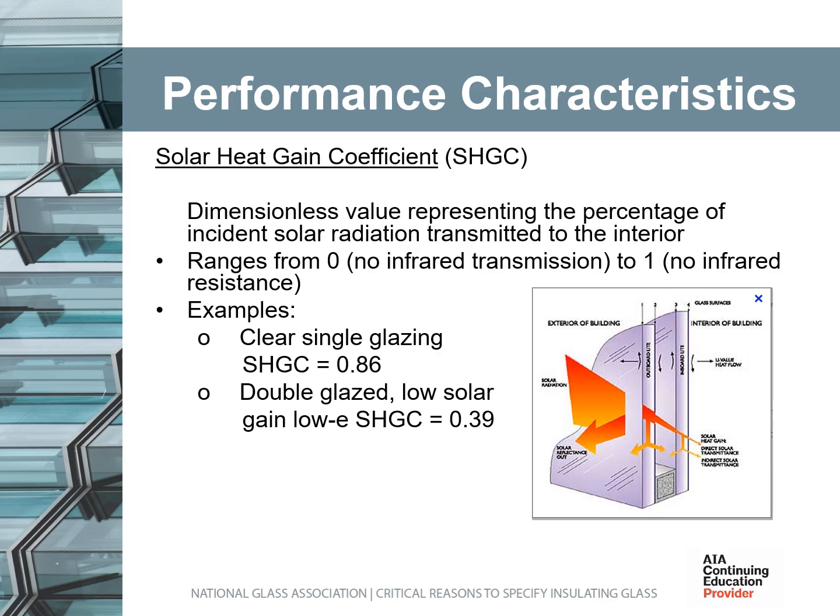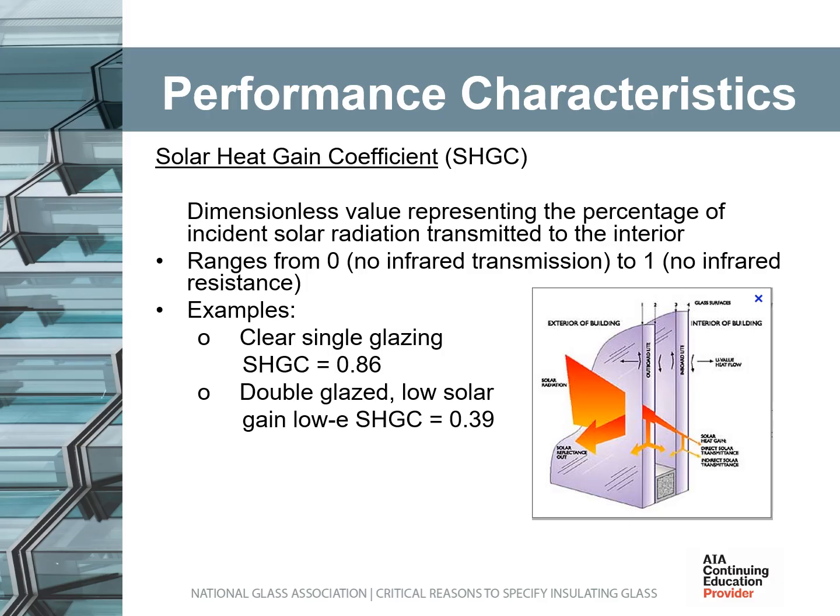Some examples would be a double-glazed IG with low E coatings blocking a lot of the infrared transmission having an SHGC of 0.39, while a clear single light of glass has around a 0.86 SHGC. In some climates, a higher SHGC is desired to help heat a space, but it's a delicate balance in most locations.